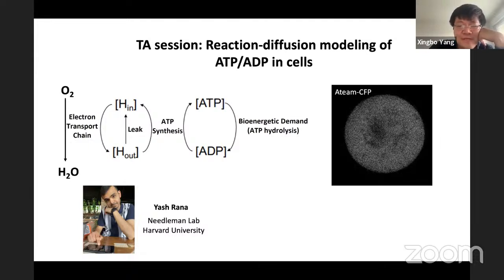Then you can think about how to incorporate some of the techniques we discussed in the lecture. What things can you measure now, and how do you put those measurements into a reaction diffusion framework to help you understand the patterning of energy flows and maybe even the energetic costs of cellular processes? Yash will help you with that.